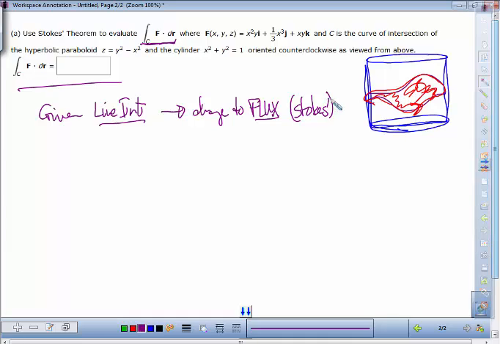Okay, so because we're using Stokes theorem, we're going from one integral to another integral. The orientation is important. We know the line integral orientation already. Now, which way is the flux integral orientation going to be? The flux integral is on the surface, and I see the surface. We've agreed that the surface is going to be the hyperbolic paraboloid, not the cylinder. So I can see the hyperbolic paraboloid as a Pringle chip. Now, is a normal vector going to be going up or down?